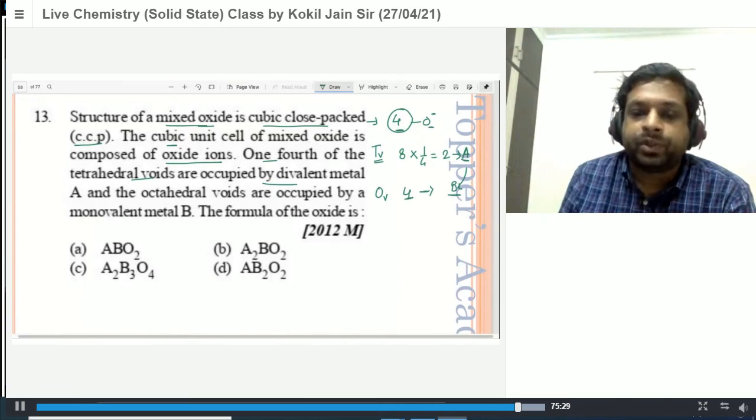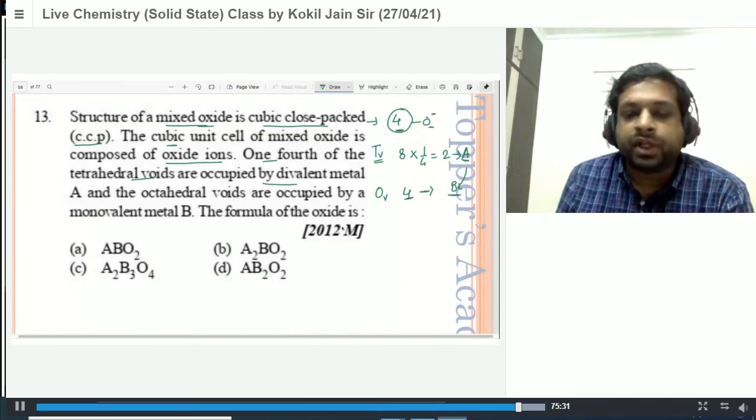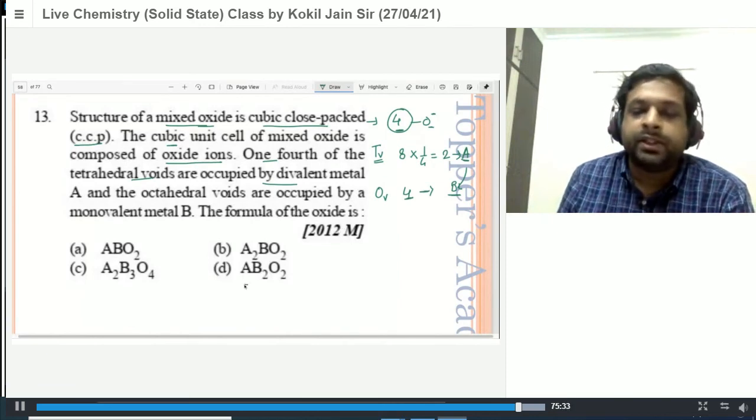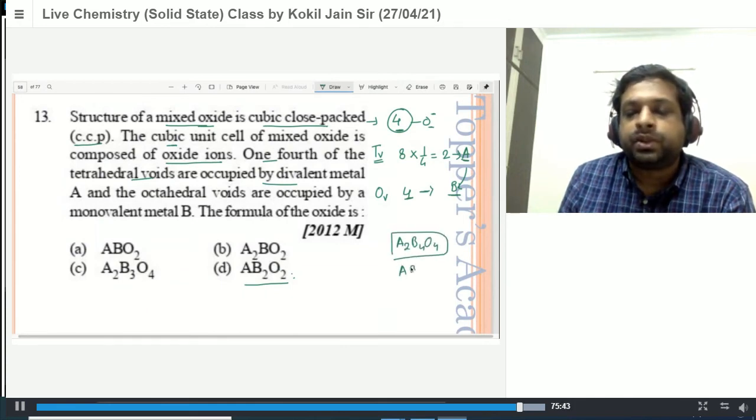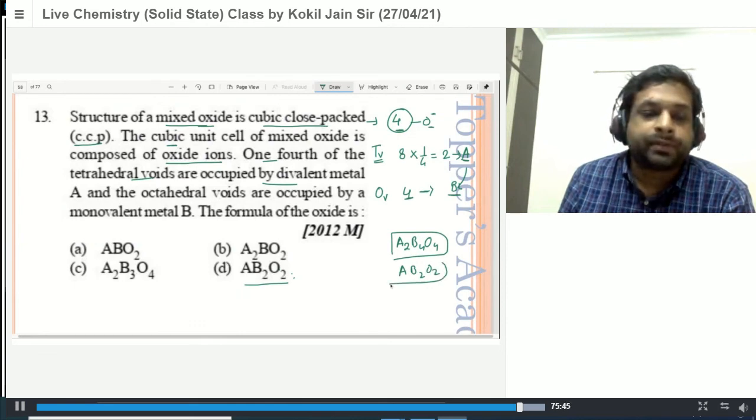This is what your arrangement would look like: A2B4O4, which would turn out to be AB2O2. This is your arrangement here.